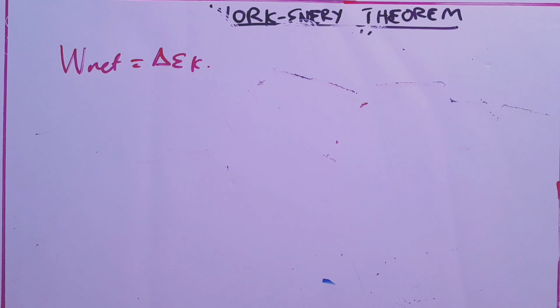So work net is equal to change in Ek. Most of the time they ask, can you please explain or state the work energy theorem in words? So we can take this straight from the formula.